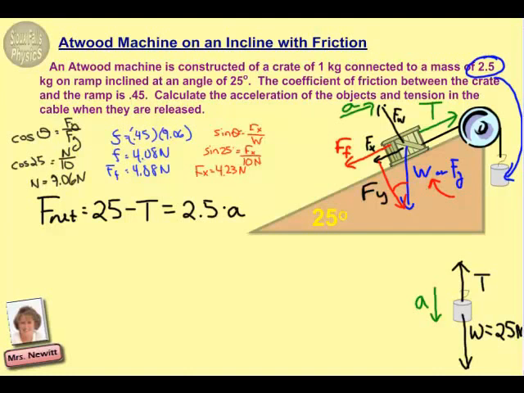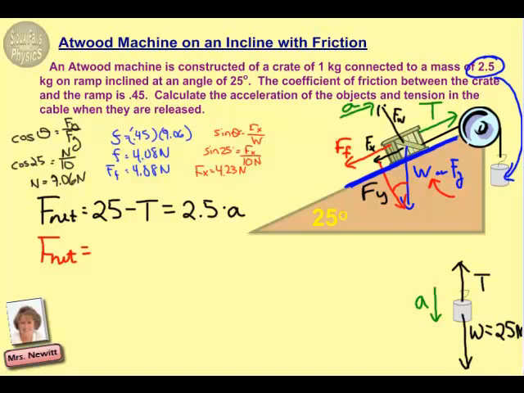Now we have one that's a little bit more complicated, and that is the net force equation for the crate. One thing we need to keep in mind is that as we look at our crate, the direction of motion is up and down the ramp. So the only forces we need to deal with are the forces that go up and down the ramp.